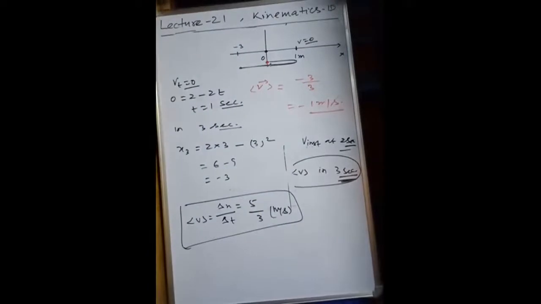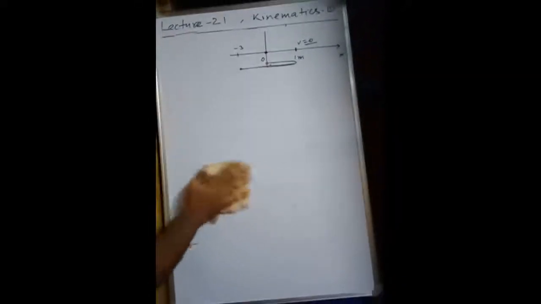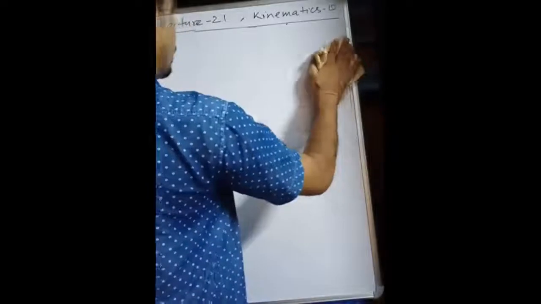Now, one more equation and one more question. My dear students, this particular question I am giving you to solve by yourself. Okay, write down the next equation that you have to solve by yourself.